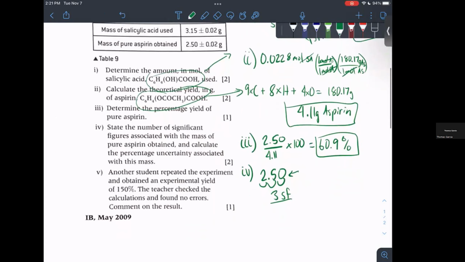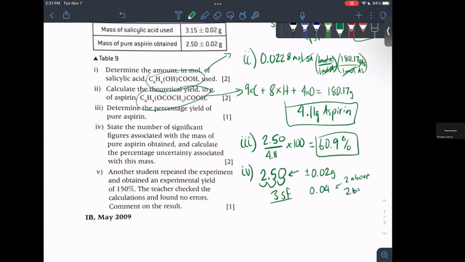And then calculate the percent uncertainty associated with mass. They said that it is 0.02 grams plus or minus. That means that we could be off by a total of 0.04. That accounts for 2 above and 2 below, 2 meaning 0.02.